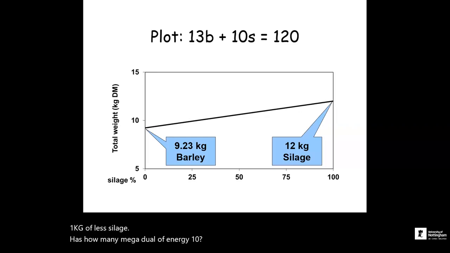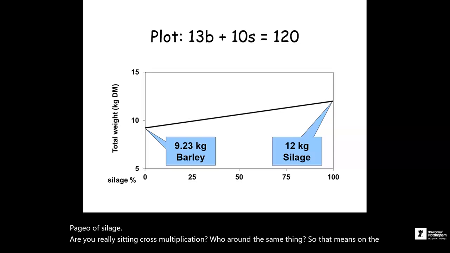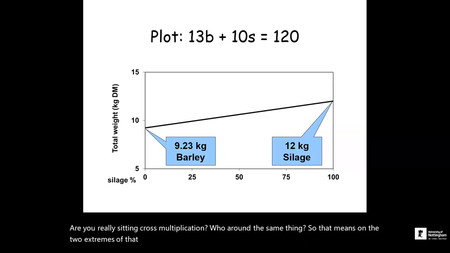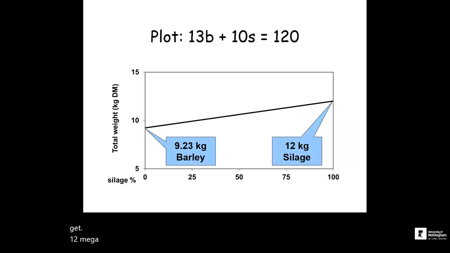By the time you feed 12 kg of silage, and you do the same cross multiplication, you will arrive at the same thing. So that means on the two extremes of that combination, you can feed either of the two ingredients to the animal to get 120 megajoule of energy to meet the animal's need for the day.